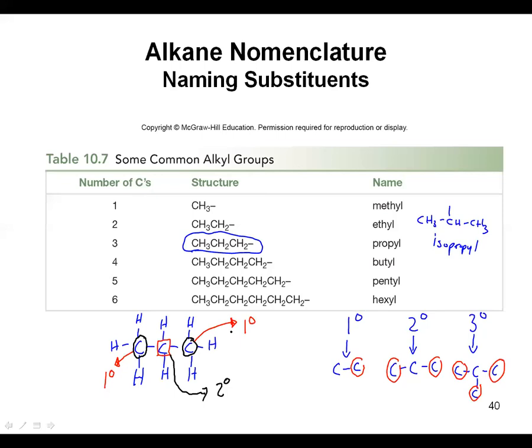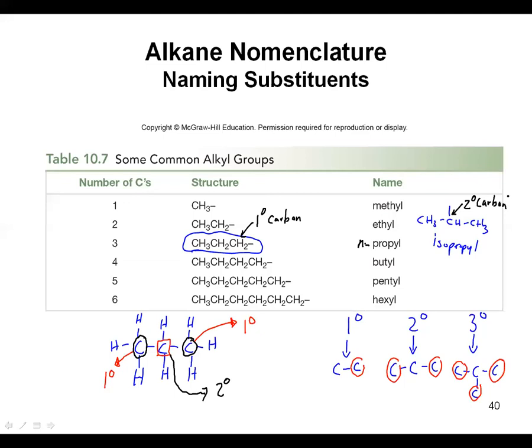So the difference between a normal propyl group, which sometimes people call N-propyl for normal propyl, is that the attachment point is through the primary carbon, while on the isopropyl connection, it is connected through the secondary carbon. So that is the difference between those two groups, even though they're both based off of propane.